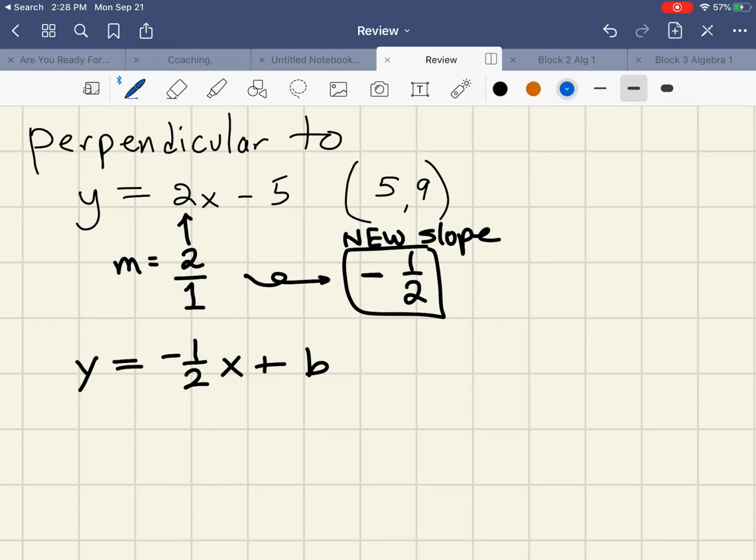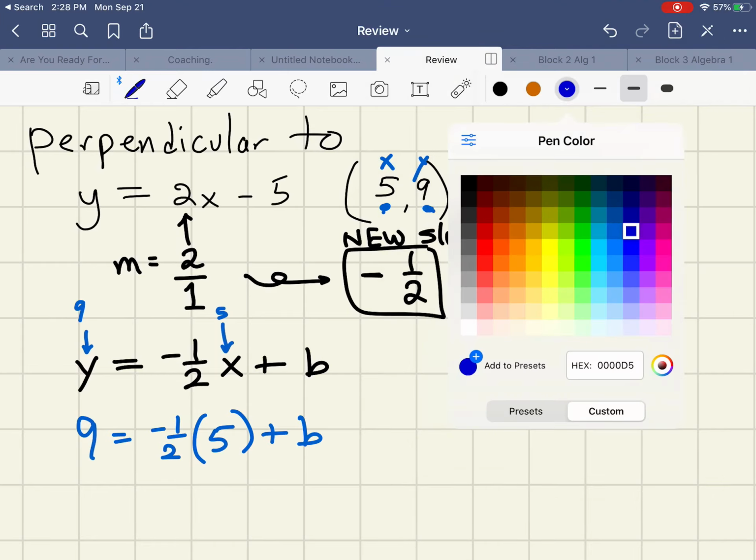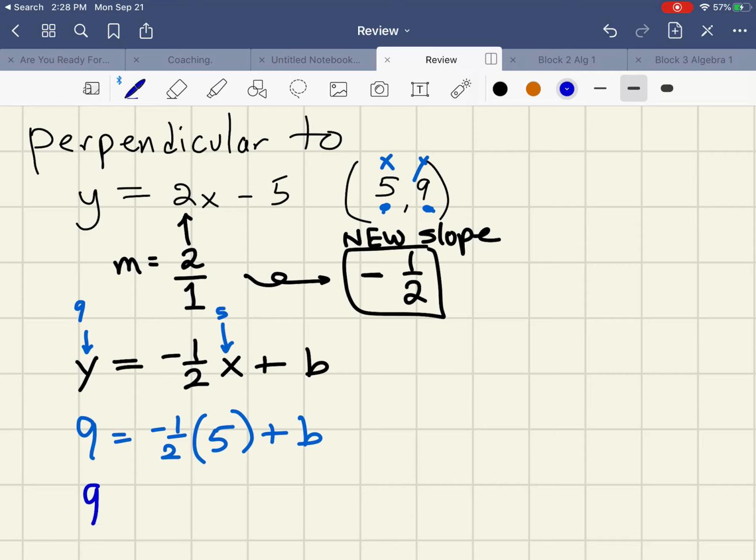And I'm going to go through that same process, except I don't have a choice this time. I have 5 and 9. That's my point. I'm going to plug the 5 in for x. I'm going to plug the 9 in for y, because it's always x comma y. And I'm going to say 9 equals -1/2 times 5 plus b. A little bit of fraction work. 9 equals, this is really 5/1. Top times top is -5.